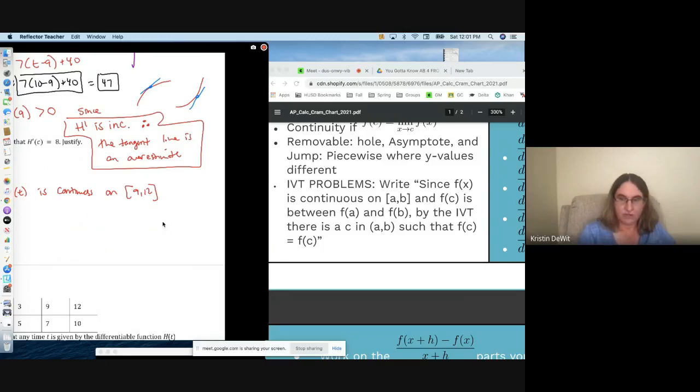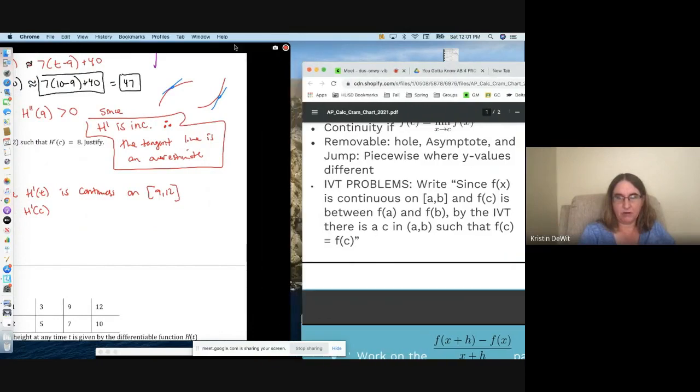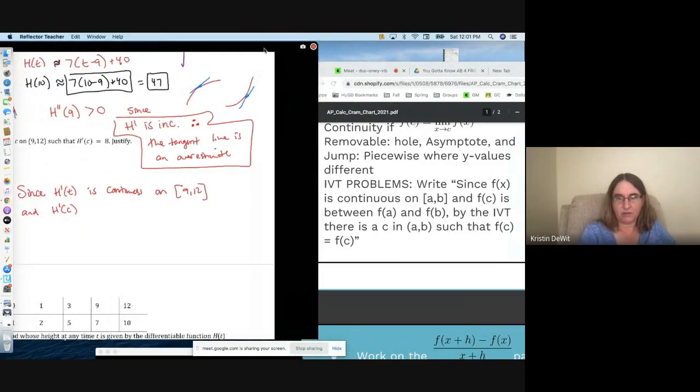And h prime of c, you can't see that, there we go, move it over a little bit more. All I'm doing is changing all my f of x's to h primes.